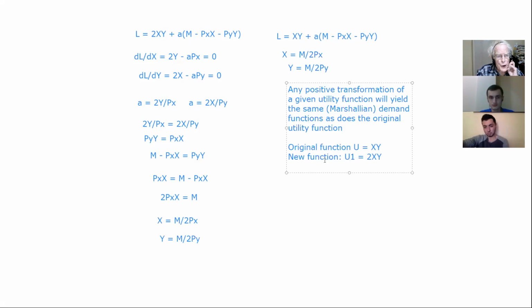It is a positive transformation of the original because it is twice as much as the original function. Therefore, according to the law, we will arrive at the same demand functions for x and y.